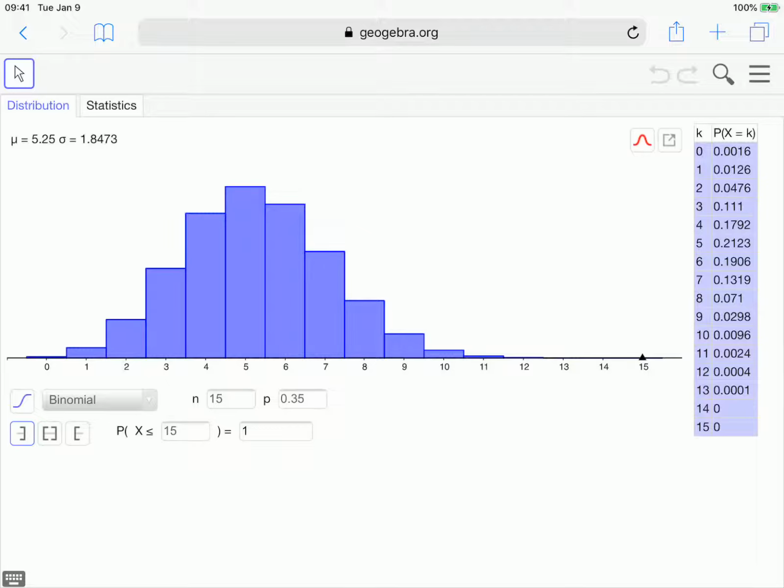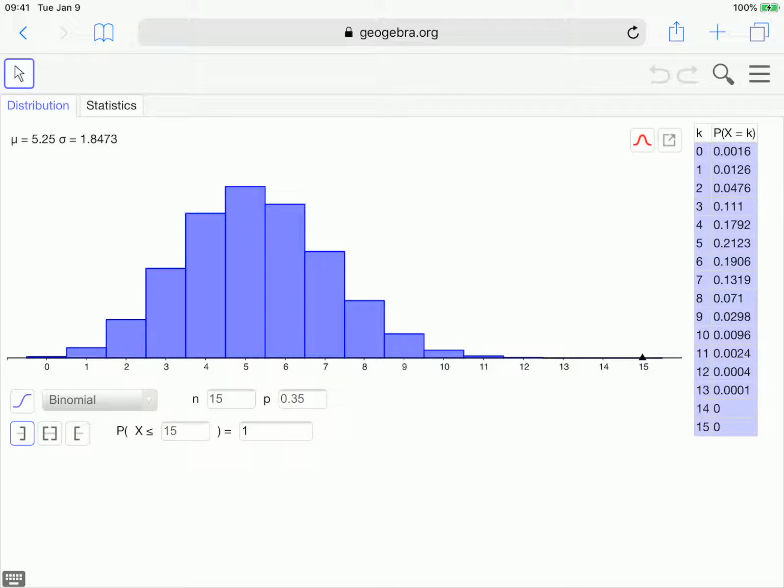Now notice in the upper left-hand corner we have a mean of 5.25 and a standard deviation of 1.8473. So there we've checked to make sure that we did those correctly. Okay, so now what we have here is a histogram that is showing us the probability for an individual value, starting at 0 and going all the way up to 15.